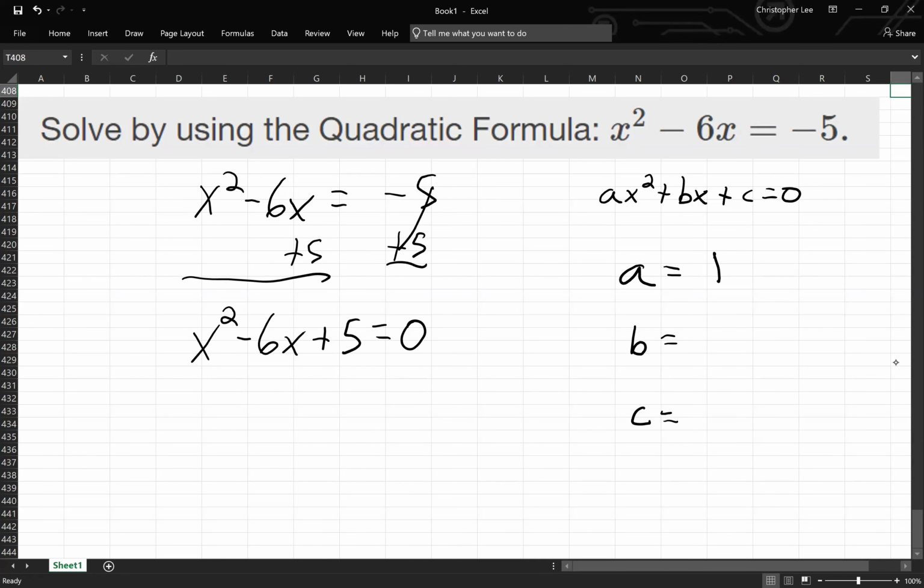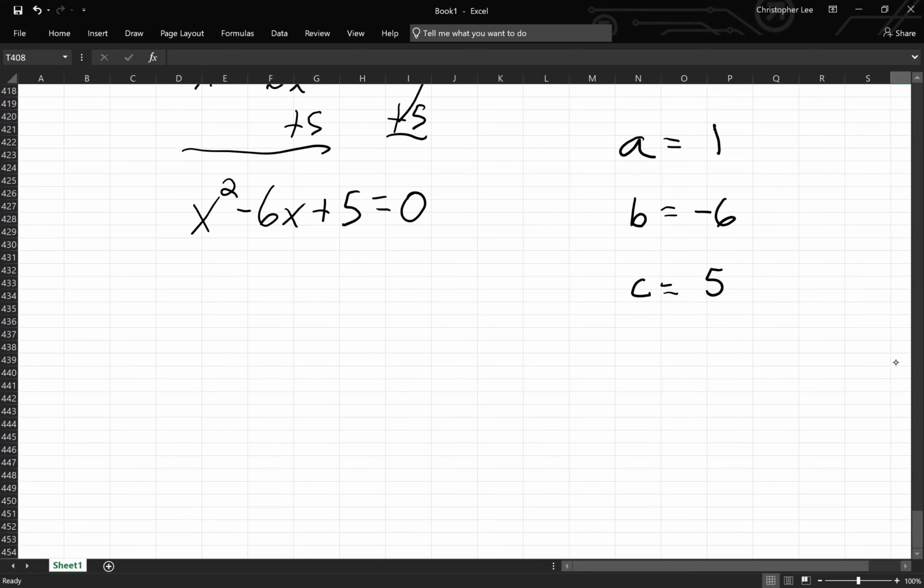B is the number that's in front of the x, in this case -6. C is the number all by itself, 5. Then after that, just go straight into the formula. x is equal to -b plus or minus the square root of b squared minus 4ac, all divided by 2a.